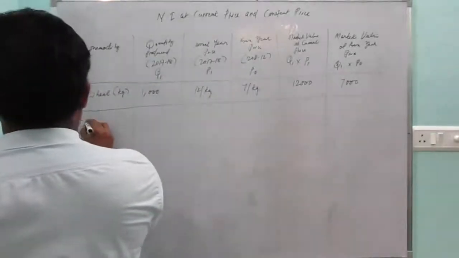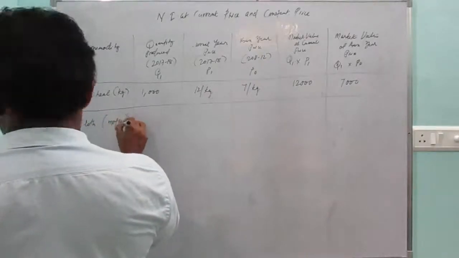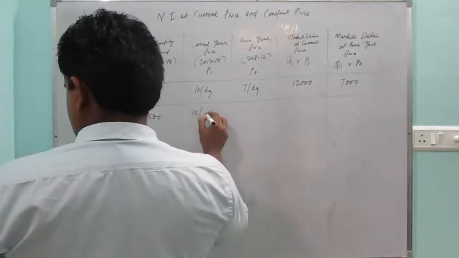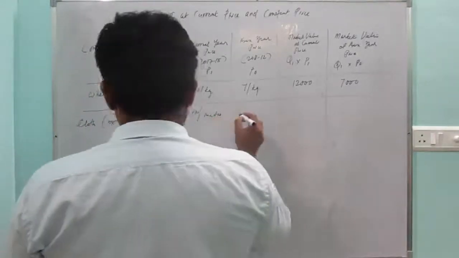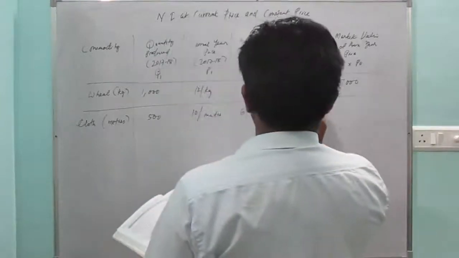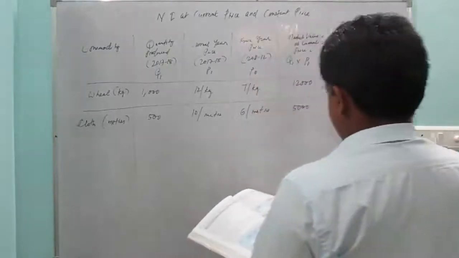Cloth, meters, 500, 10 per meter, 6 per meter, 5,000, 3,000.